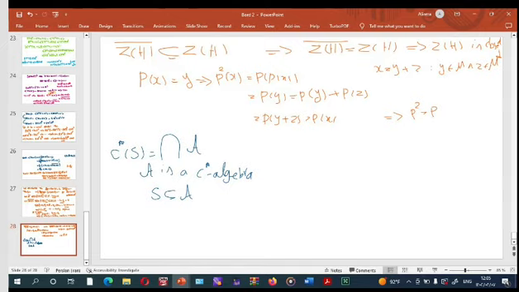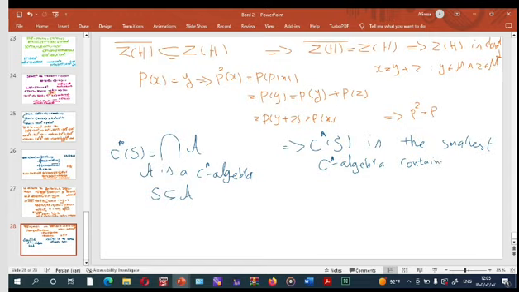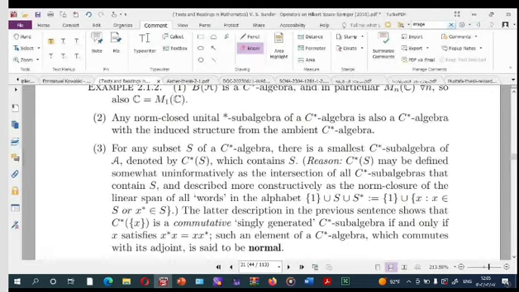This shows that C-star of S is the smallest C-star algebra containing S. And we can describe it more constructively as the closure of the linear span of all words in the alphabet 1, S, and S star, all words that we can make from this set.